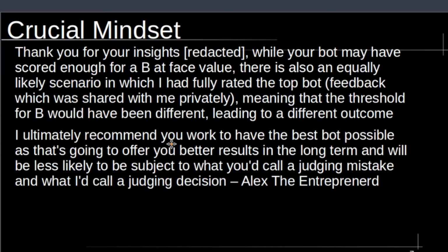So when I started bot racing around this time last year, and we would get the results for a particular bot race, I would feel that one judging criteria was used instead of this judging criteria, which I feel should have been used. And essentially, that was the general narrative which I had until I read this quote from Alex, the entrepreneur, who is one of the judges on Code Arena.